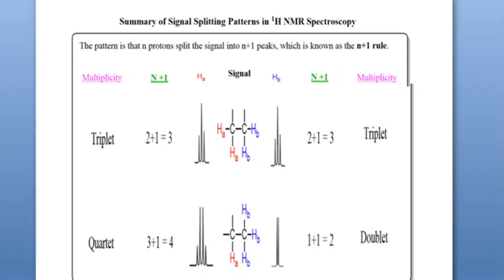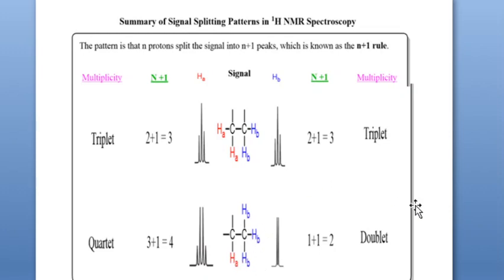And similarly, what about the blue hydrogens in the last compound? The blue hydrogens will give you a signal corresponding to what? Adjacent hydrogens. How many red hydrogens are there? 1. So 1 plus 1 is 2. So the signal of the blue hydrogens will be a doublet, and the signal of the red hydrogen will be a quartet.